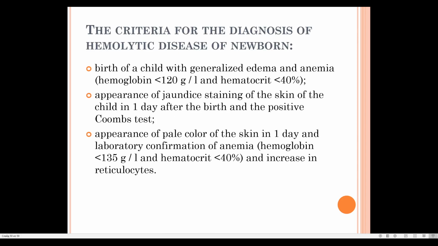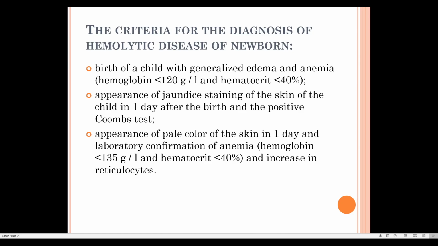The criteria for the diagnosis of hemolytic disease of the newborn are: first, birth of a child with generalized edema and anemia with hemoglobin below 120 grams per liter and hematocrit less than 40%.